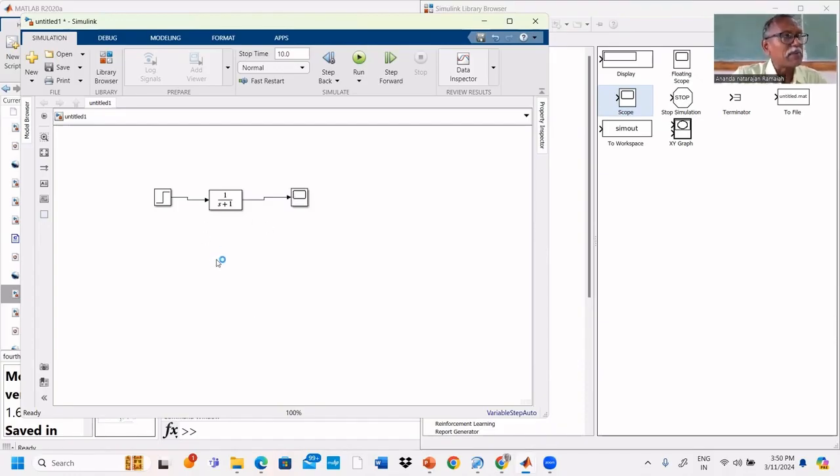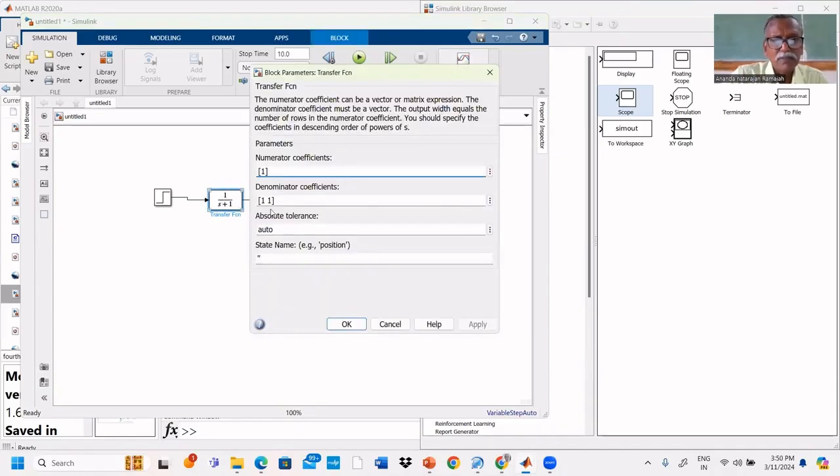Now you have to enter the correct parameters. Here the transfer function is a first order transfer function. The time constant is 1, the numerator polynomial is 1, which means K equal to 1, and the denominator is s plus 1. But we have to enter fourth order.